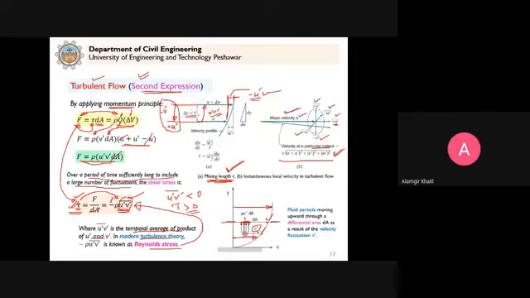It says that when a fluid particle enters from this layer to this layer, or from the upper layer to the lower layer, in such a way that the momentum in the x direction remains the same, the distance over which this happens is known as the mixing length, and it is denoted by L.